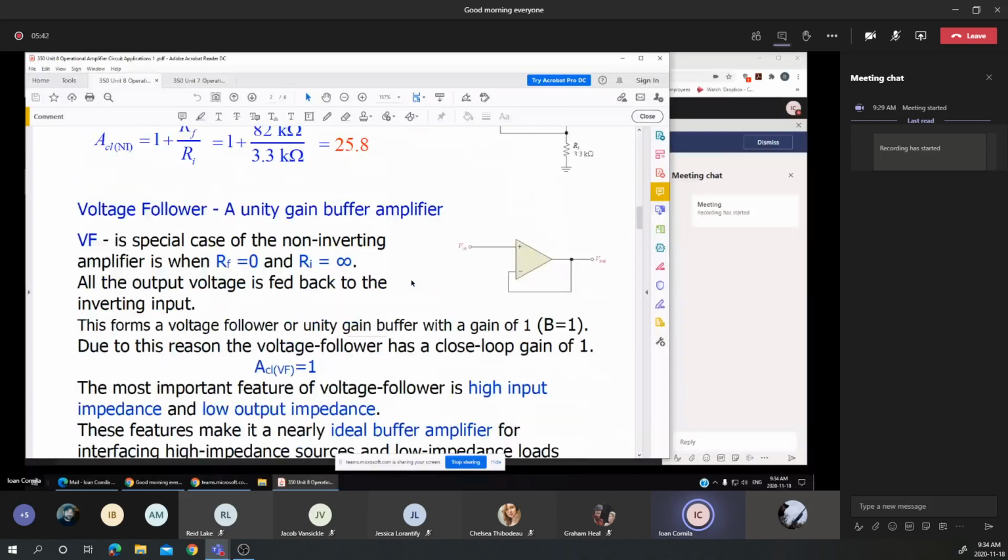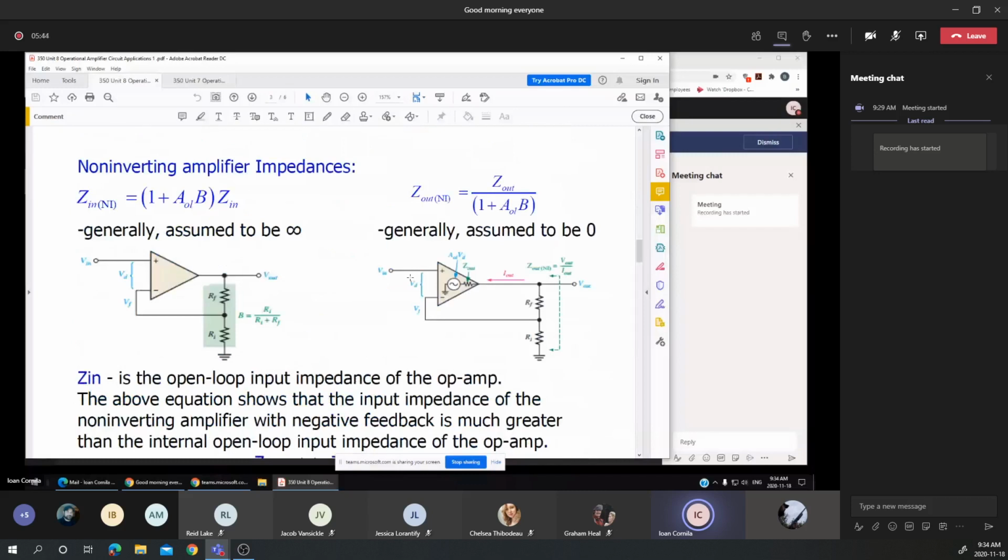Now, going back to the other two characteristics or advantages of the non-inverting amplifier, we mentioned that using a feedback, it will increase the input impedance for a non-inverting amplifier.